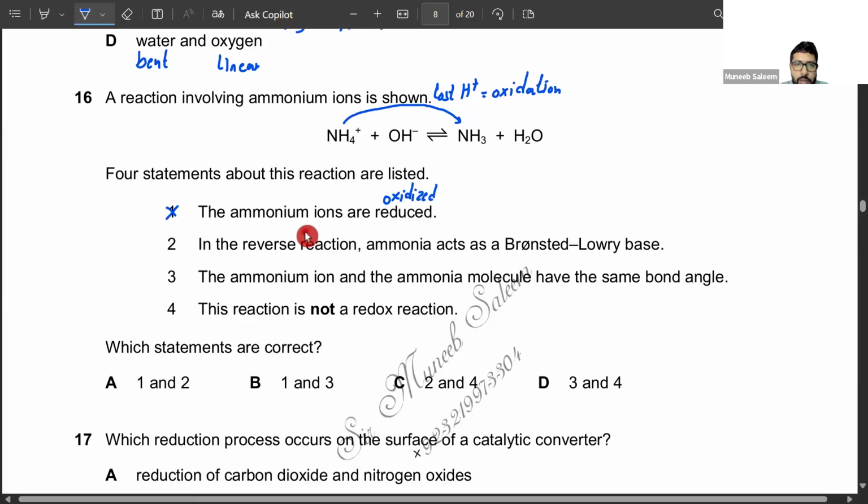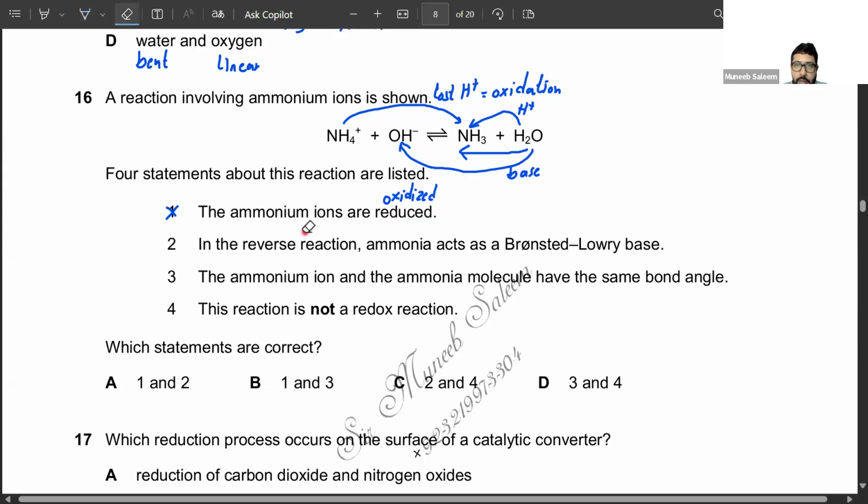2 says in the reverse reaction, ammonia acts as a Bronsted-Lowry base. Reverse reaction means when you have to move from right to left. This is the reverse reaction. So ammonia acts as a base. So yes, we can see that the water has donated the proton to the ammonia. That's why H2O has been converted into the OH negative.